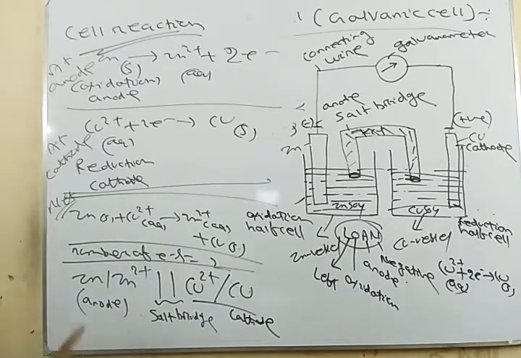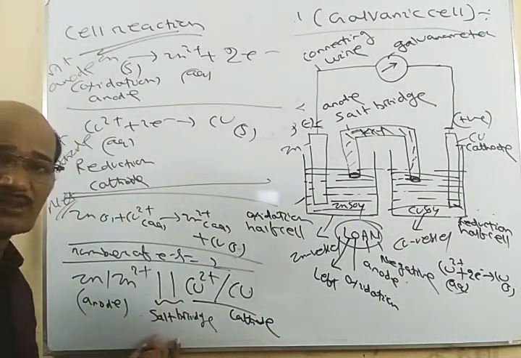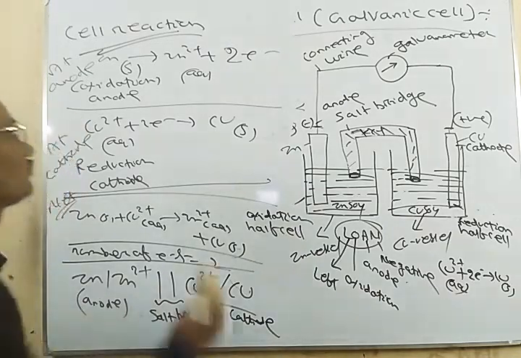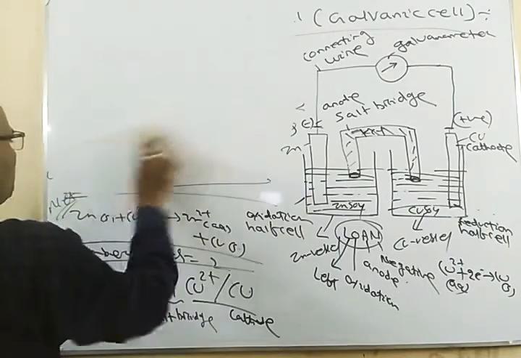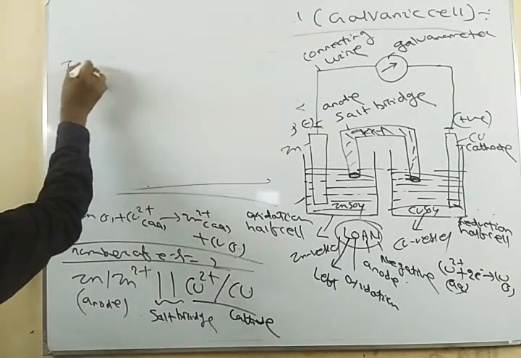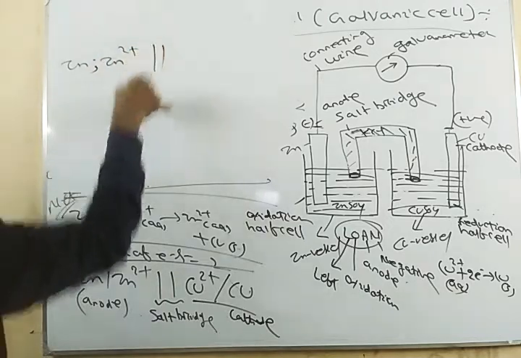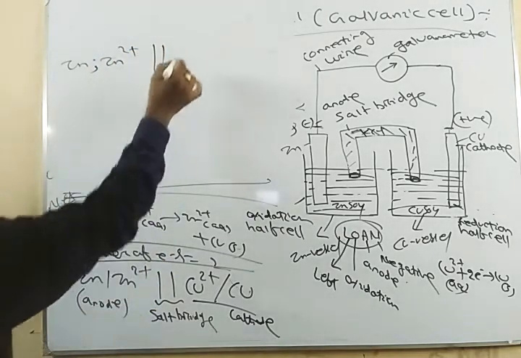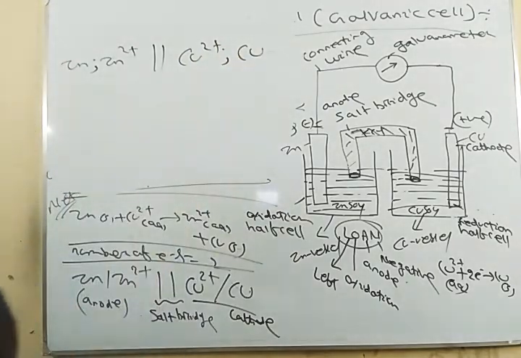So we can represent the cell like this: first the anode, then a parallel line for the salt bridge, then your cathode. Also we can write it simply as Zn | Zn2+ || Cu2+ | Cu.